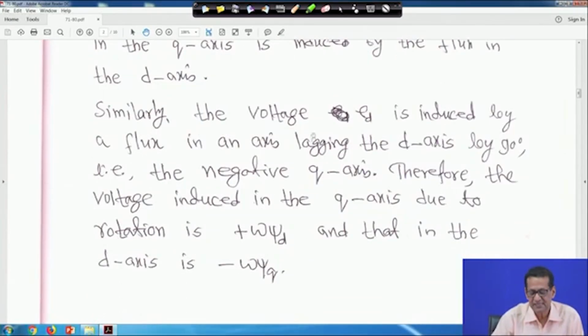Similarly, the voltage Ed is induced by a flux in an axis lagging the d axis by 90 degrees, that is the negative q axis. Therefore, the voltage induced in the q axis due to rotation will be plus omega psi d, and that in the d axis will be minus omega psi q. You should keep this in your mind.